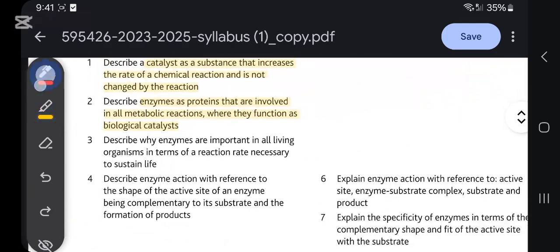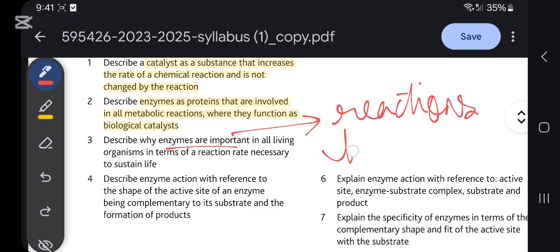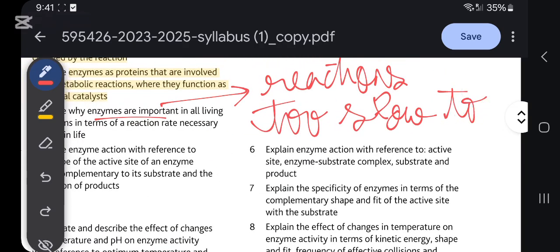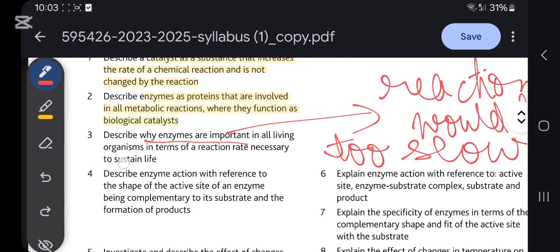The reason is that without enzymes, the reactions would take place too slowly to sustain life. So I'll write it here: reactions too slow to sustain life.